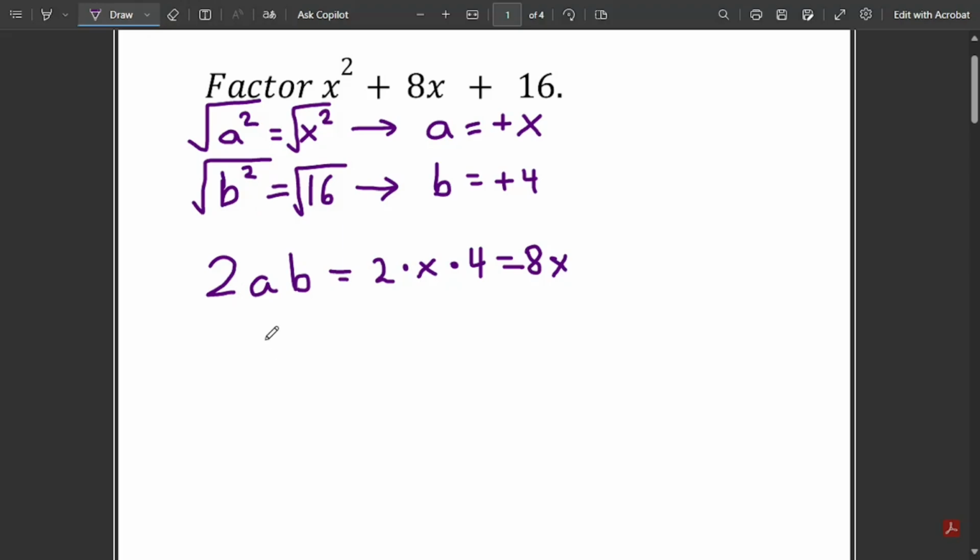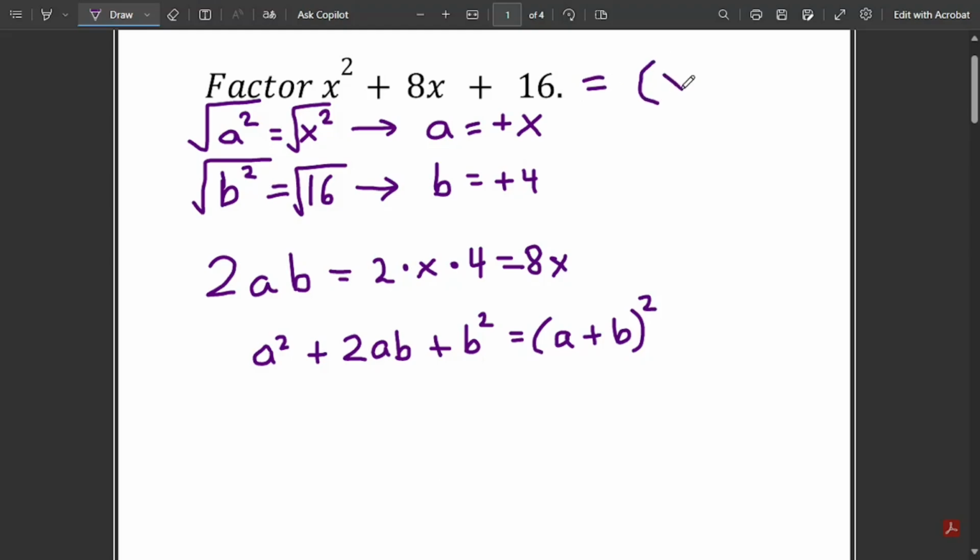So again, we have a trinomial of the form a squared plus 2ab plus b squared. So that's going to equal, when we factor it, a plus b squared. Okay, so we can factor this just to x plus 4 squared. So this factored is going to be x plus 4 squared using the formula.